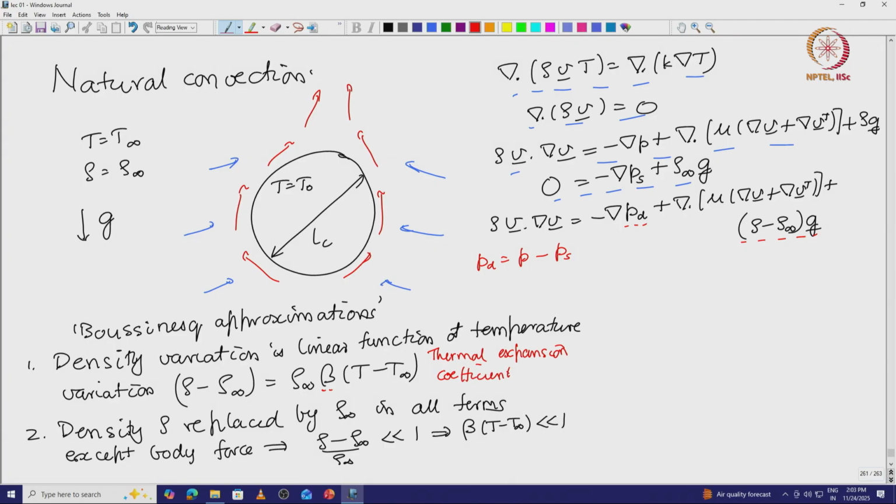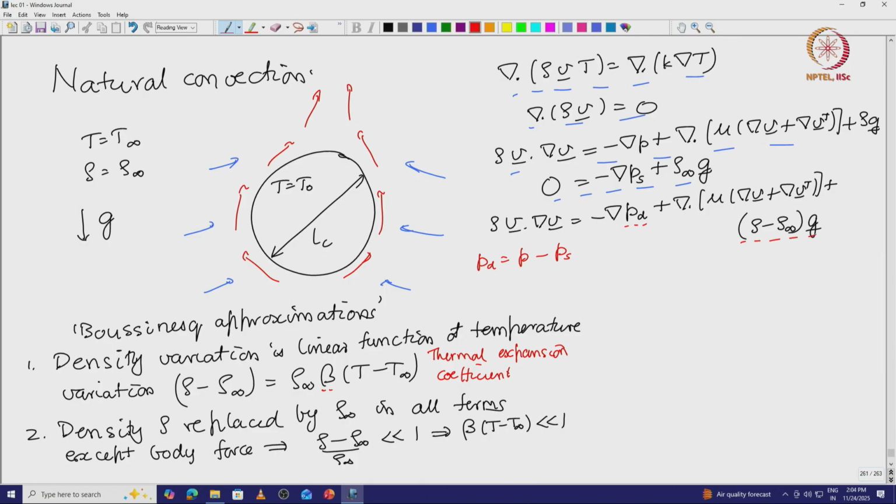Second, in the momentum, energy and the mass conservation equations, the density is replaced by a constant value, the density far from the object. The only exception is this gravitational force here.